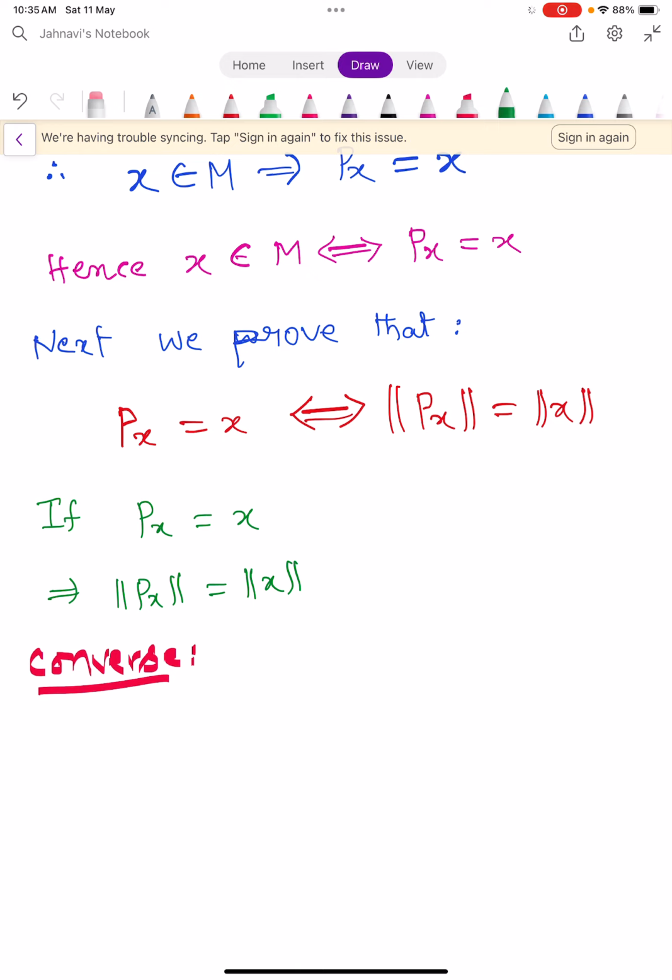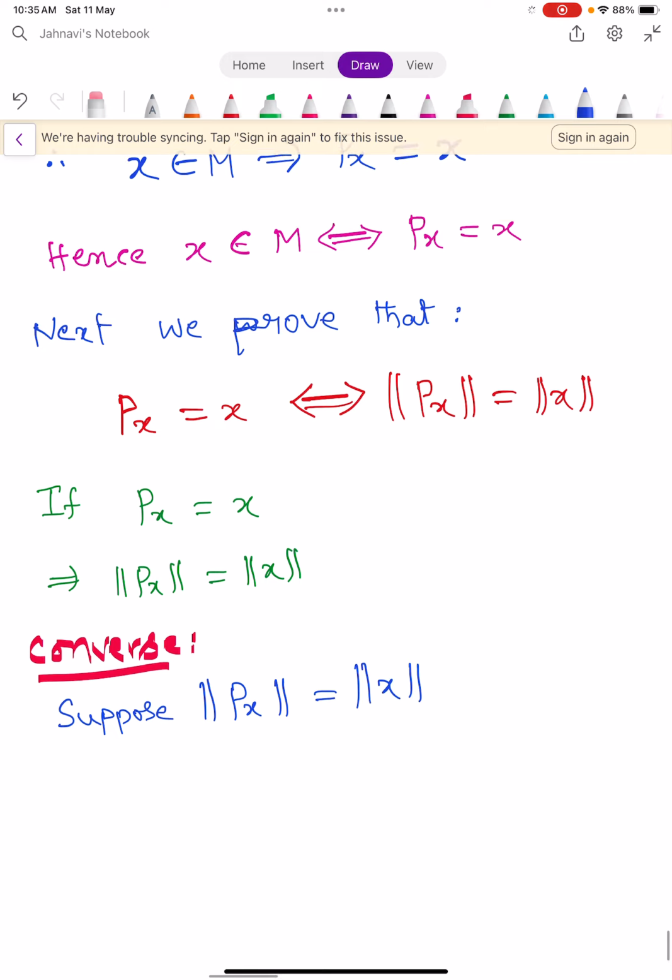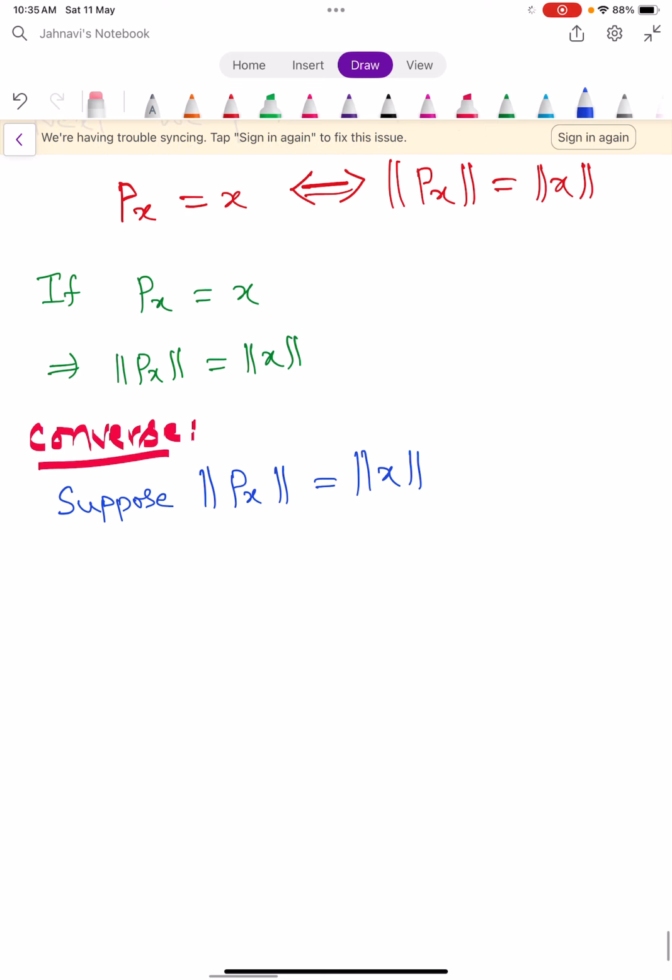Suppose norm Px = norm x. This can be written as norm x = norm Px.